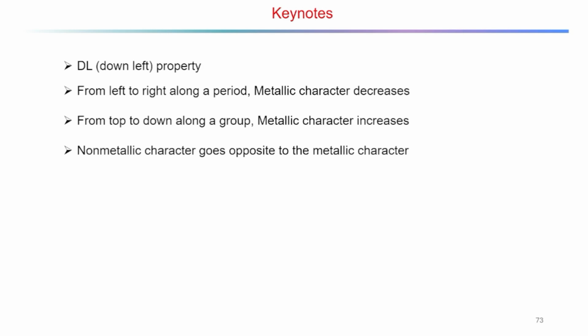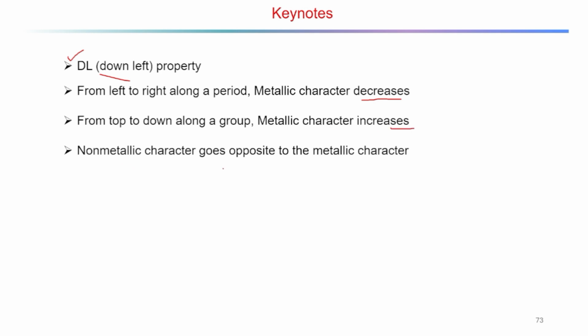So let's see the keynotes in the periodic trend of metallic character. We have already discussed that this is a down left property. From left to right along a period, metallic character decreases. And from top to down along a group, the metallic character increases.